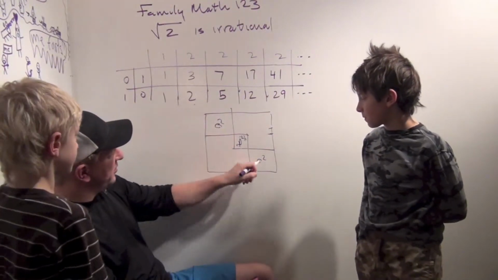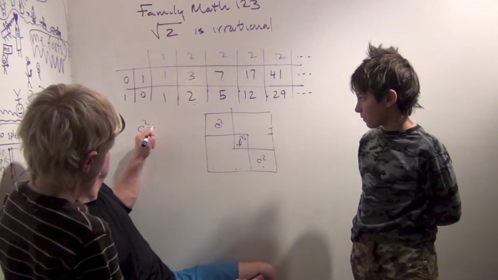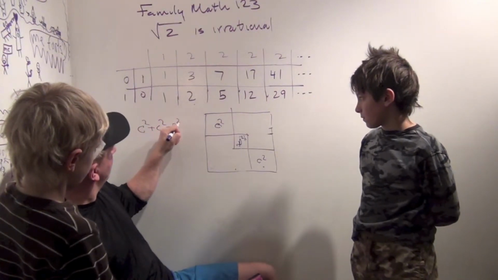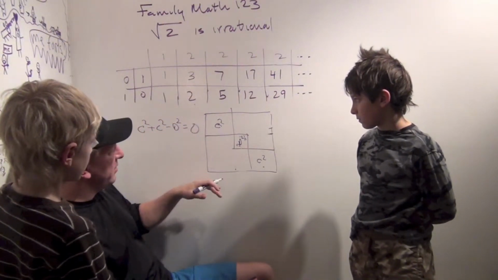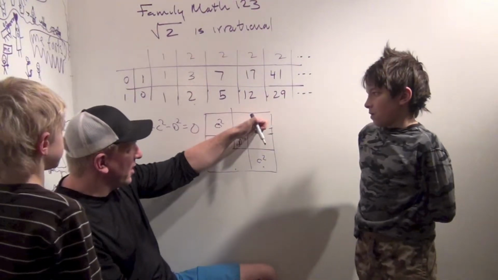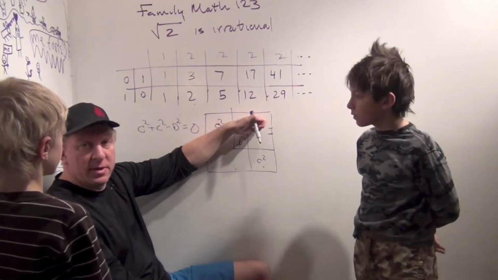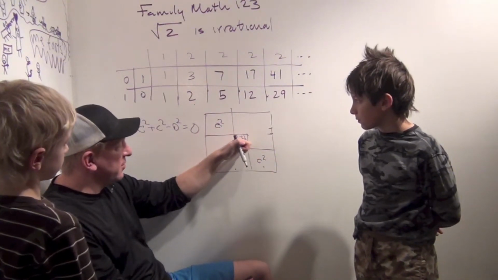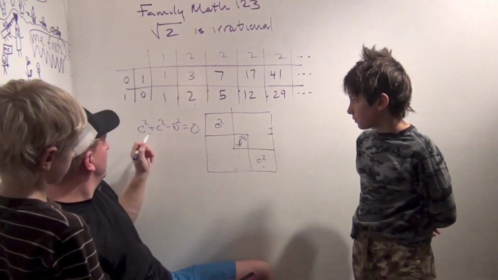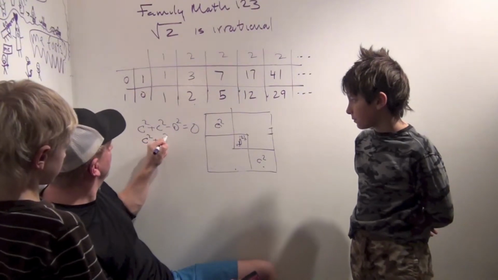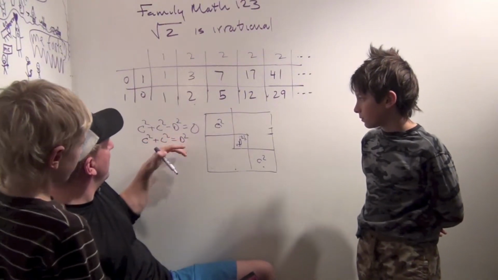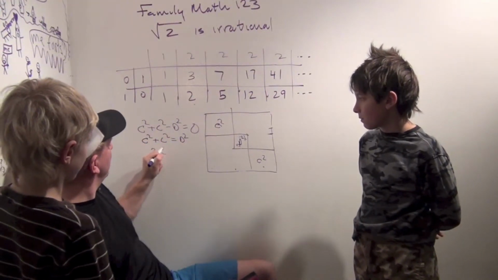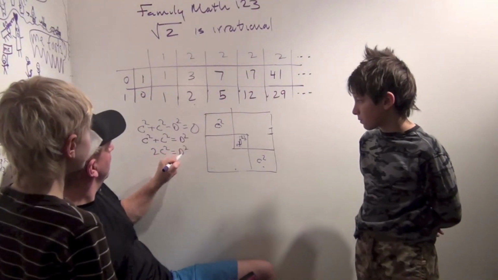That means c squared plus c squared minus d squared has to equal 0, because this square plus this square, we already said, added up to the whole thing. So c squared plus c squared equals d squared. Oh, wait a minute. Or 2c squared equals d squared.